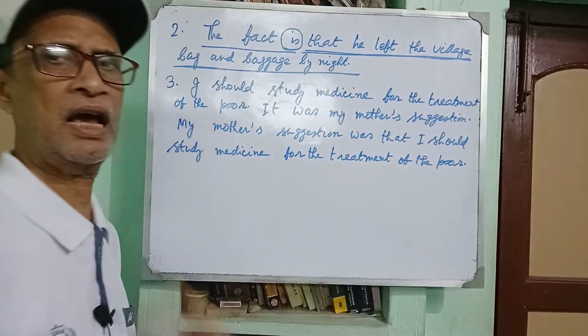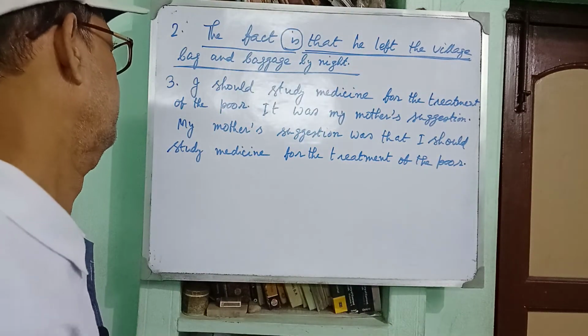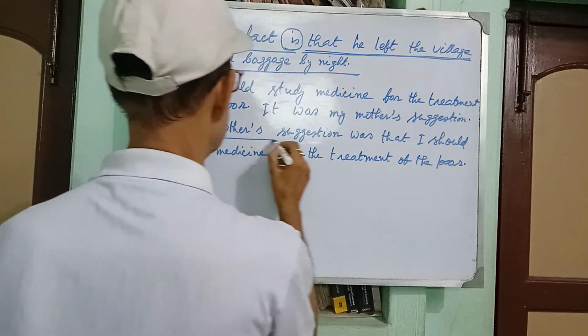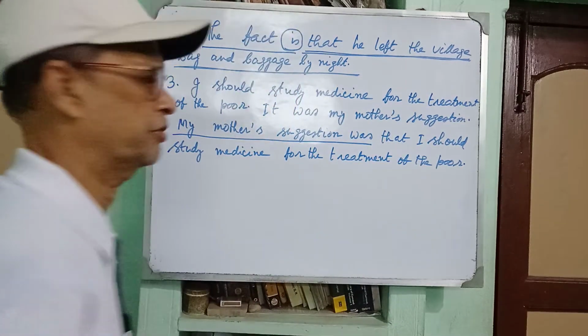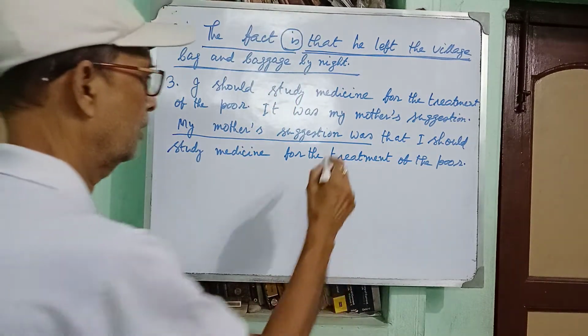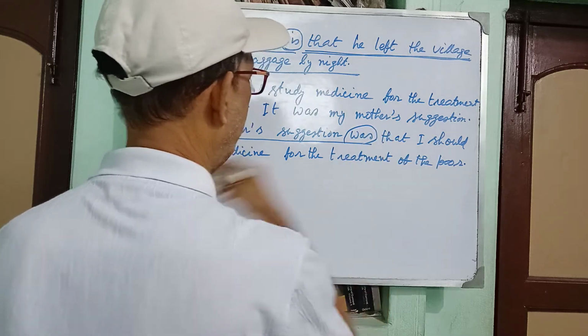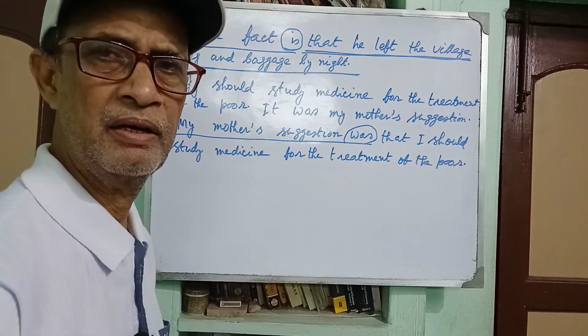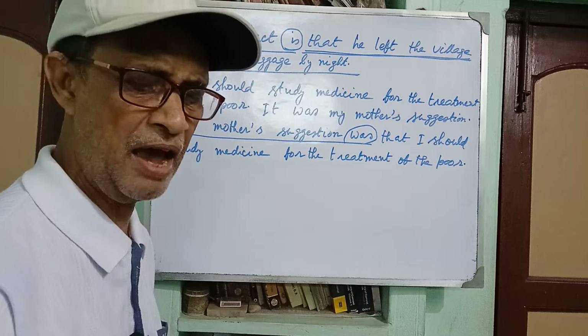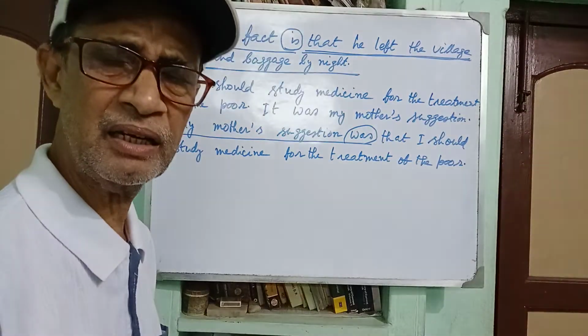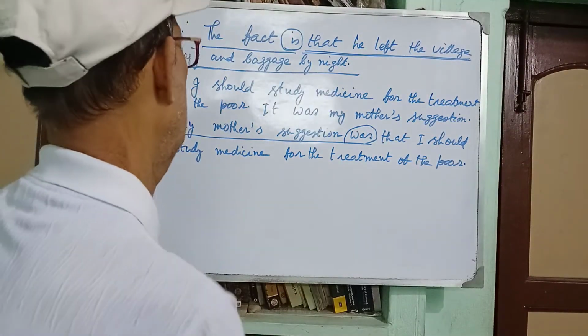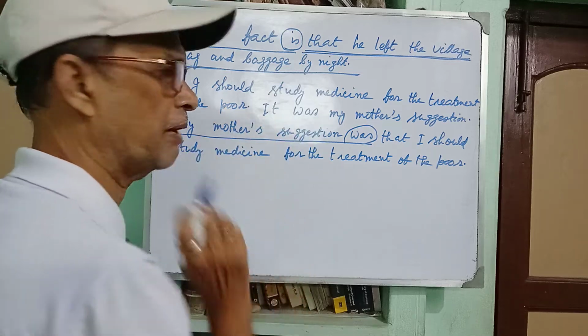Now let us analyze the sentence. My mother's suggestion was principal clause. Was is a form of the verb: am, is, are, was, were, and been. My mother's suggestion was principal clause.